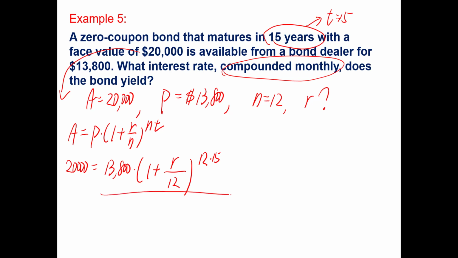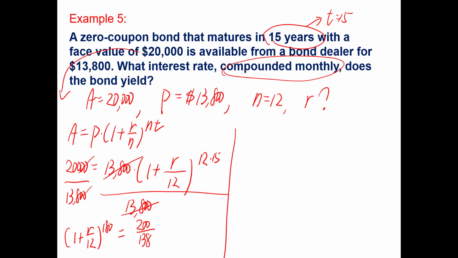So we divide both sides of the equation by 13,800, and you get 1 plus r over 12 raised to the 180 power equal to, I can simplify a little bit, drop a couple zeros, so you get 200 over 138. In order to get rid of the power here, we will raise both sides to the reciprocal power, 1 over 180.